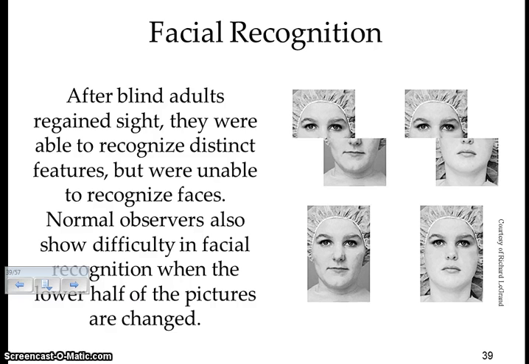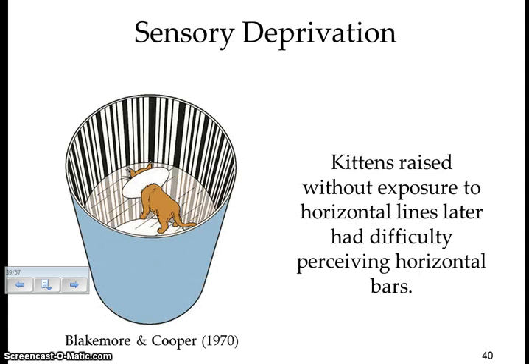Normal observers also show difficulty in facial recognition when the lower half of the picture changes. It always reminds me of the Ugly Betty intro, with the faces changing. Change that lower half, and people have a harder time recognizing it.